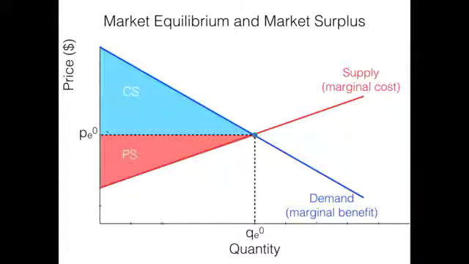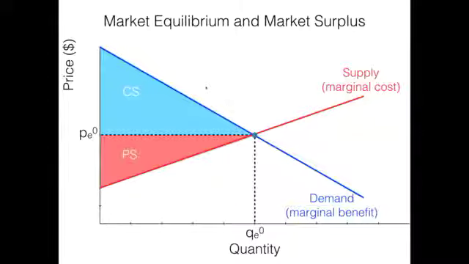That is the area above price but below the demand curve. And the producer surplus, in a lighter red color, is the area above the supply curve but below the equilibrium price. So the total market surplus is just the consumer surplus added to the producer surplus.